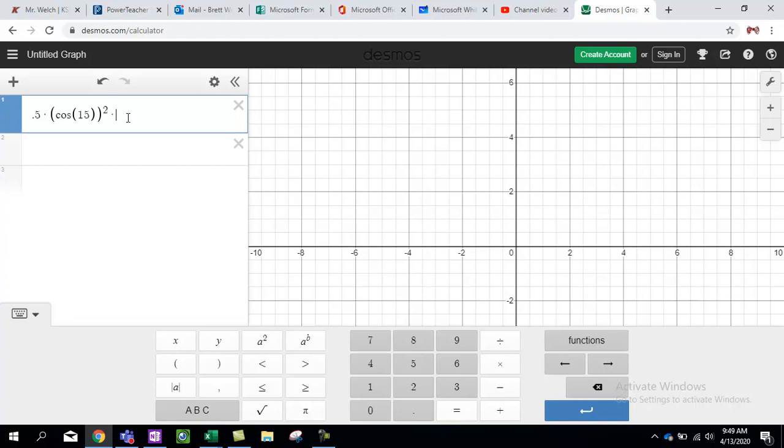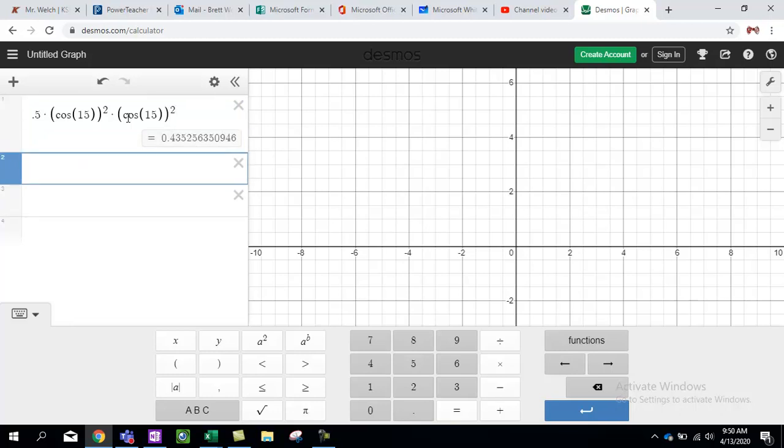So I'm just going to times by parentheses cosine 15 close parentheses squared. So I'm going to multiply yet again. Okay, and I get 0.435. If it would make it easier for you, one thing you can do is do the cosine of 15.